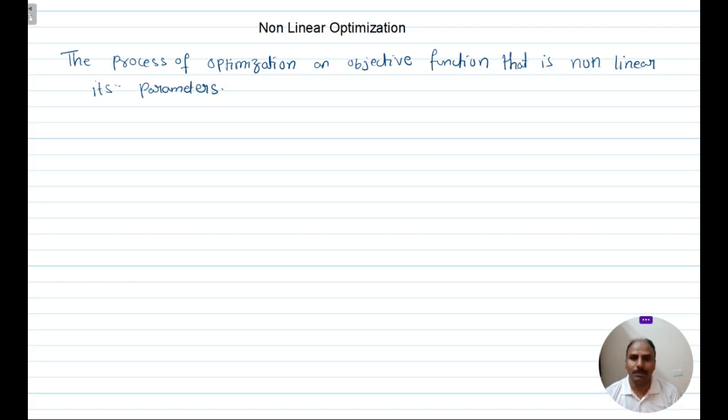So in the linear optimization, the objective function is linear to its parameters. So here it is nonlinear. That is the main difference between the linear and nonlinear.